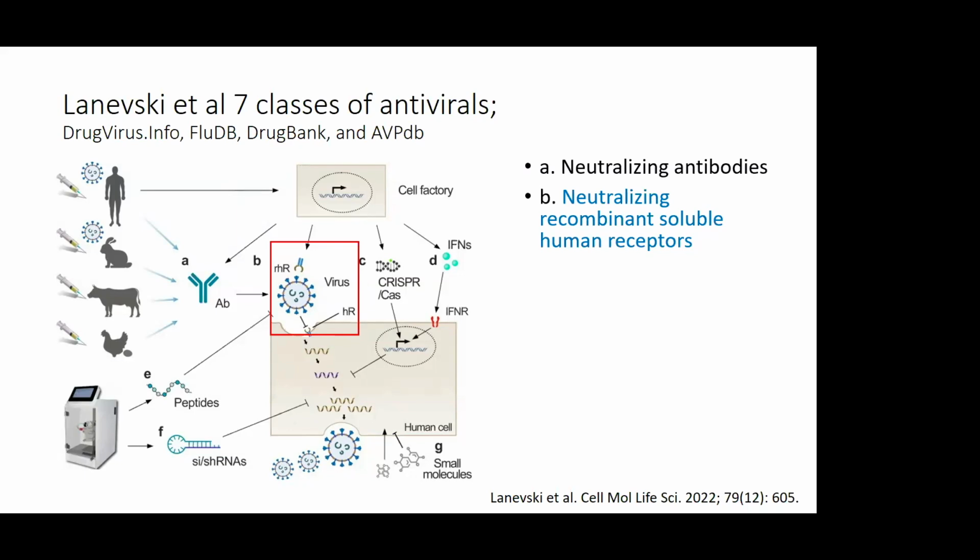We have done sotrovimab, for example, for COVID, and within a few months, the virus just changed beyond recognition, and the monoclonal had to be thrown away. But the coronavirus retains its ability to attach itself to the ACE2 receptor.